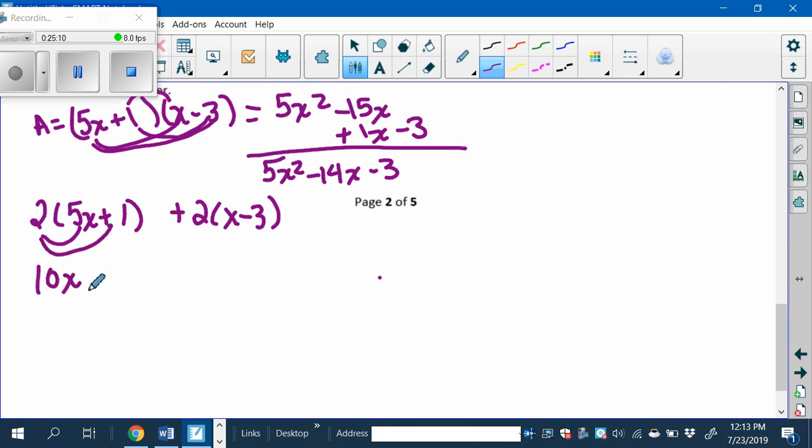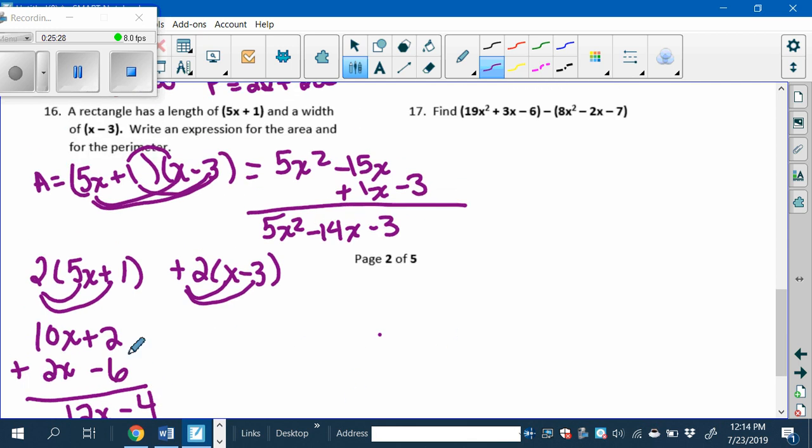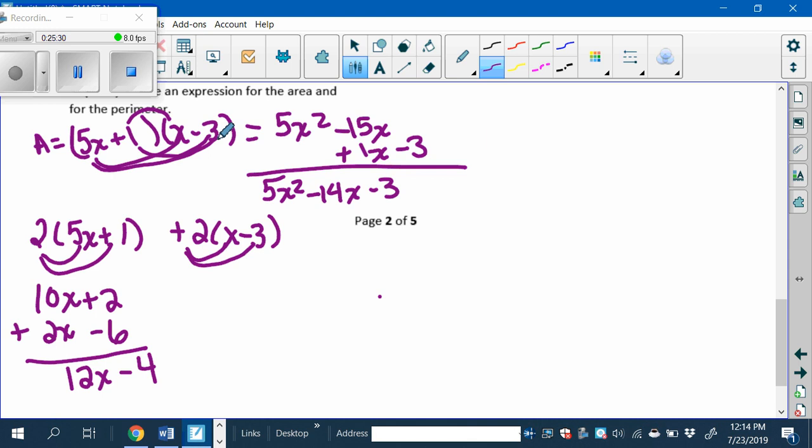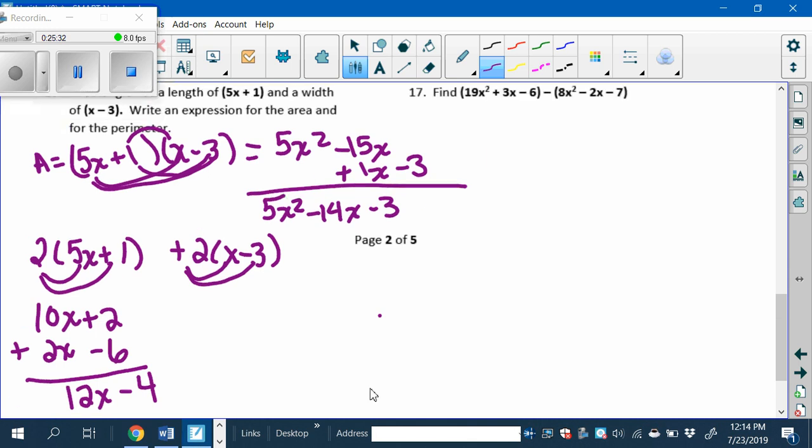And then that's plus 2. And then that's plus 2x. Now notice what I'm doing here. I'm lining up my like terms. And I have a minus 6. All right? So I get 12x minus 4. And there's your perimeter. Okay, so area is right here and your perimeter is right here.